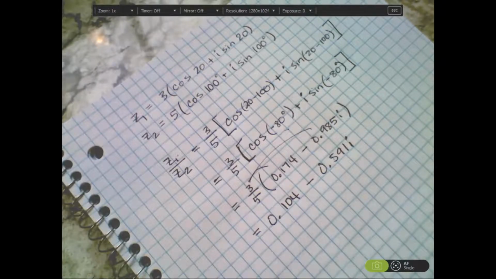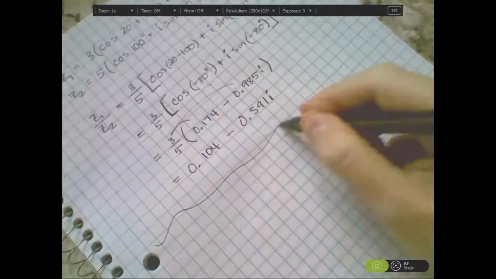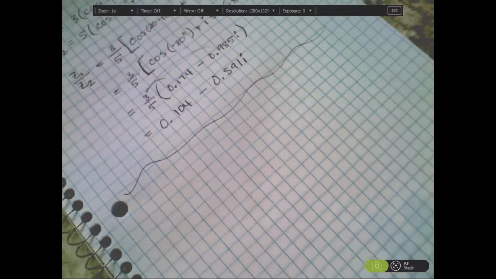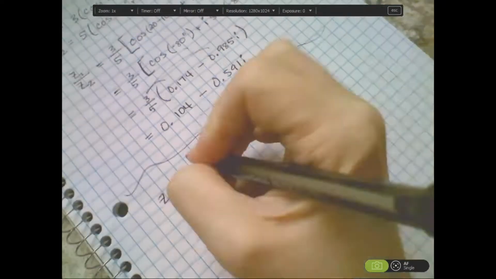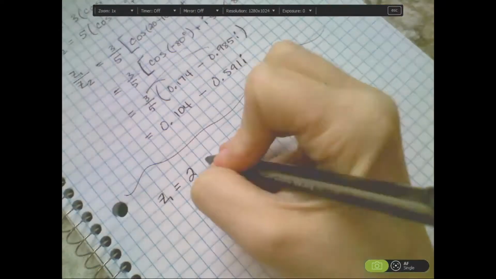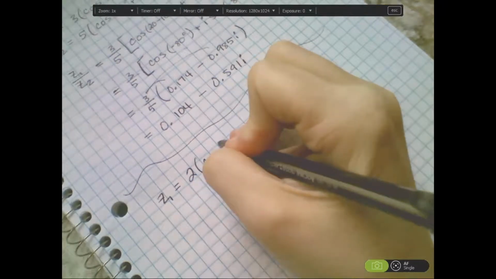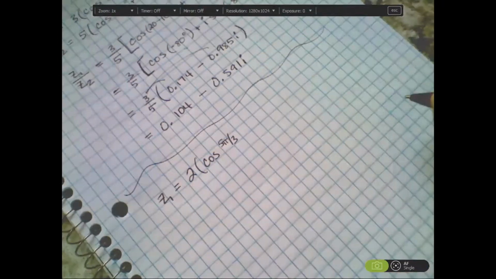Okay, so that's an example of our multiplication and our division. I'm going to do one more so we can see another example of that. All right. So this time, our angles are going to be in radians. So cosine 5 pi over 3.